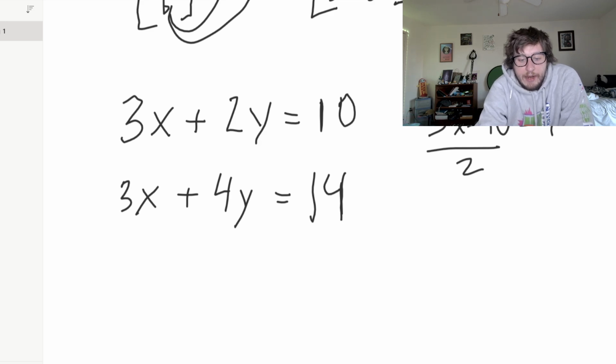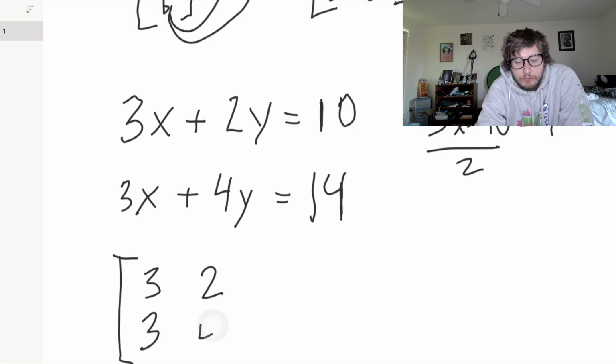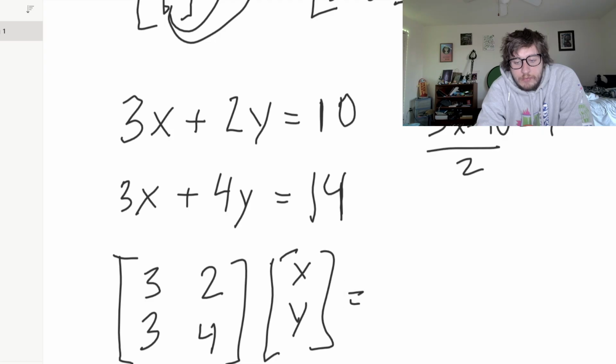we can now rewrite, remember the matrix thing? We can write this as the matrix 3, 3, 2, 4 multiplied by x, y equals 10, 14. Okay.